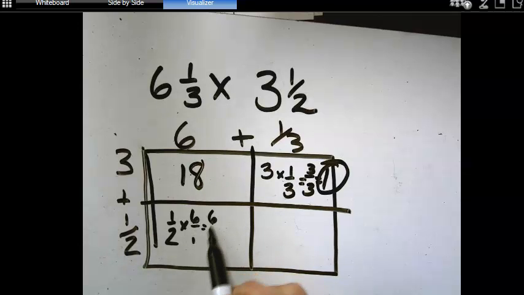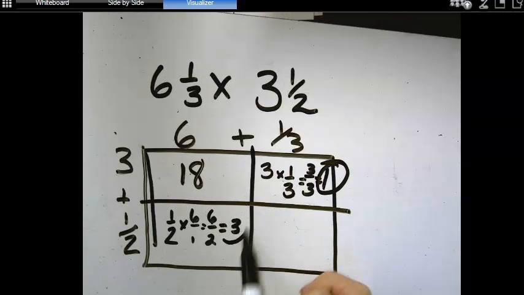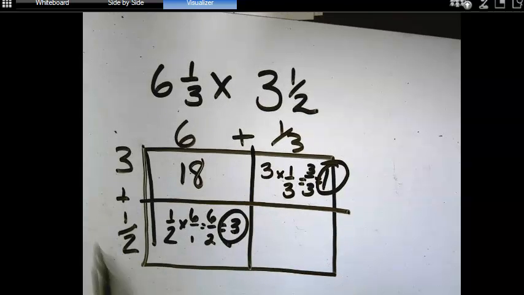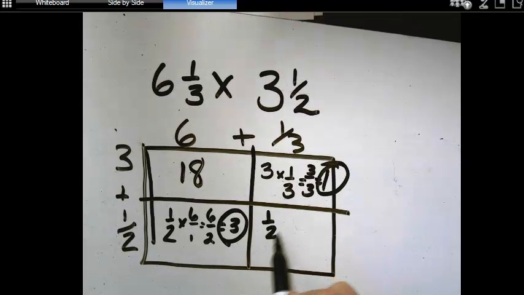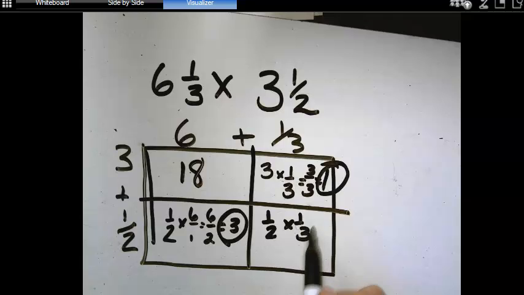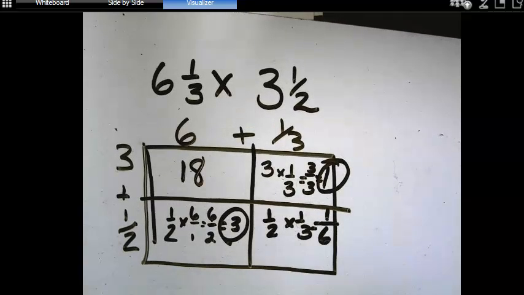That's going to equal 6 over 2. And I know that's improper, so I simplify it by saying 6 divided by 2 is equal to 3. And then my last step, I'm going to multiply my fraction times my fraction. 1 times 1 is 1, and 2 times 3 is 6, and that does not simplify.